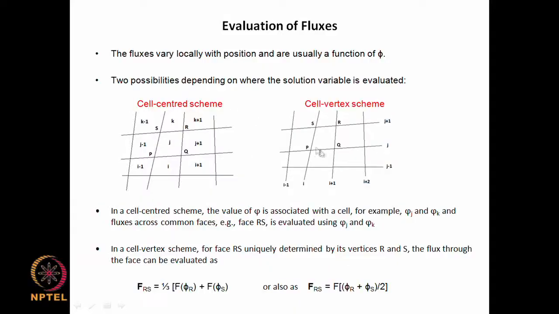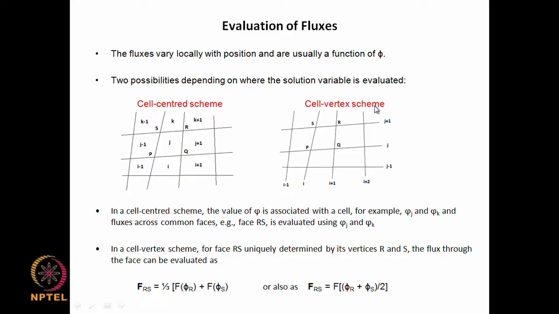Because for cell j phi has some value, for cell m you have a different value. So there is a possibility of inconsistent evaluation. Especially in the finite volume method, we can have a cell centered scheme or a cell vertex scheme.